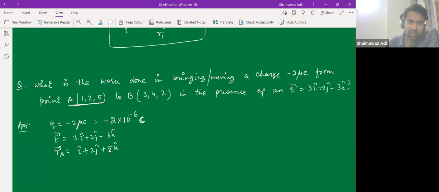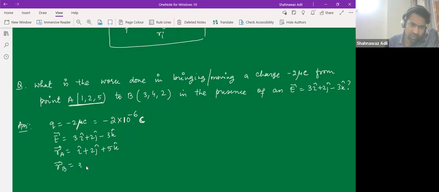These are the x, y, z components. Clear? What is the R B vector? 3i plus 4j plus 2k.